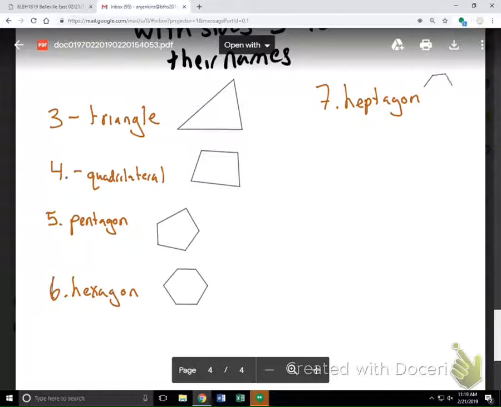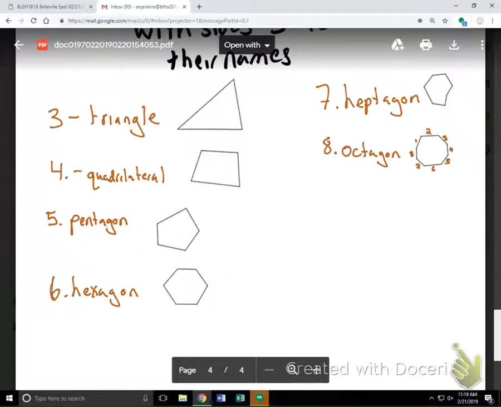Okay, 1, 2, 3, 4, 5, 6, 7, 8. Octagon. 1, 2, 3, 4, 5, 6, 7, 8. If it helps you when you go to this large, you can number your sides so you see them.